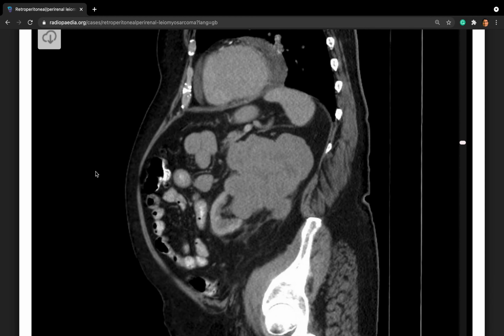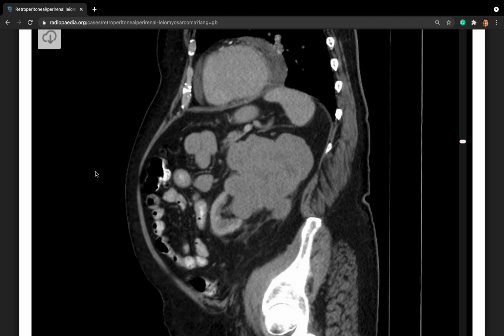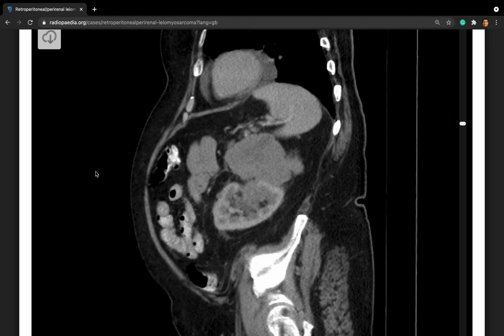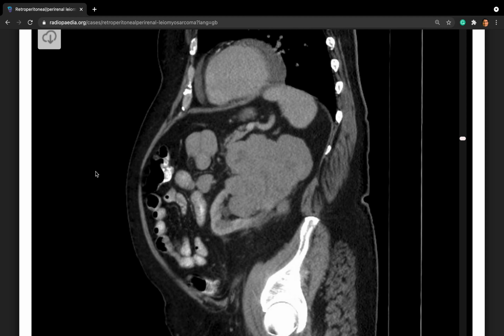Which one will you biopsy first? His kidney functions are normal, so I will biopsy the right kidney first and see if it represents a renal cell cancer. Okay, right kidney biopsy shows clear cell renal cell cancer, Fuhrman grade 2.